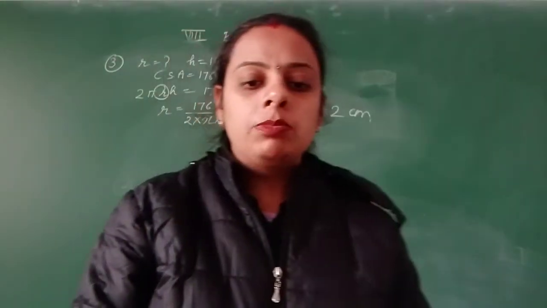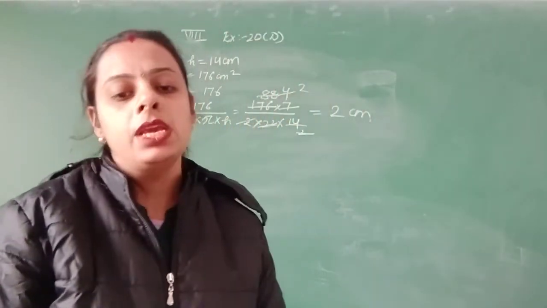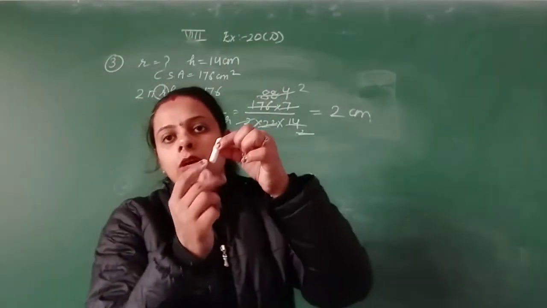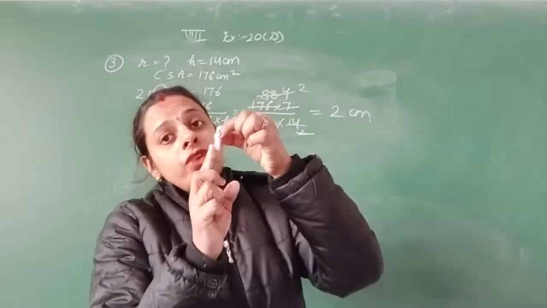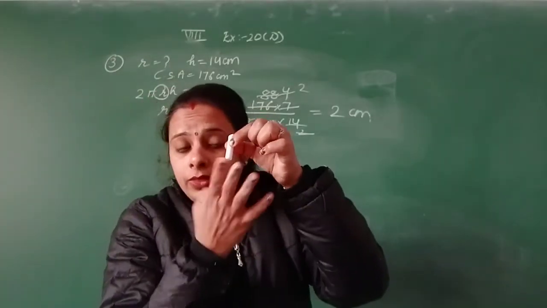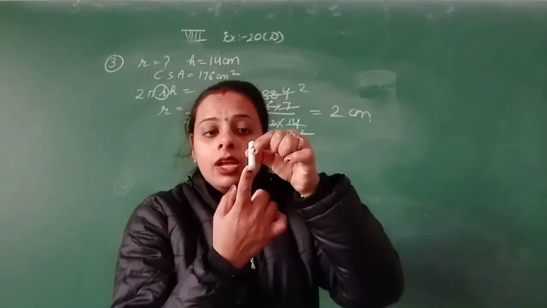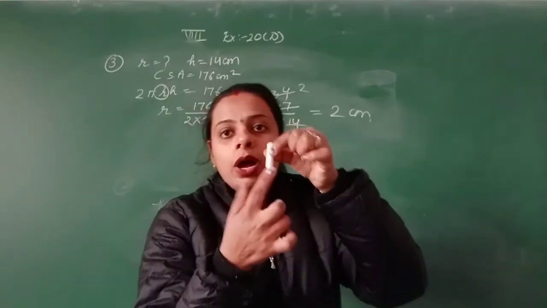Come to the question number 4, where the circumference of the base of a right circular cylinder is given. As you know, if I am talking about the circumference of the base, this is the base, and its shape is circle, and its circumference is 2 pi r.